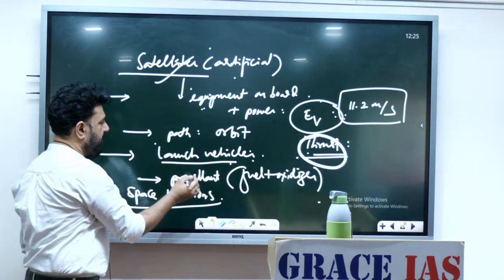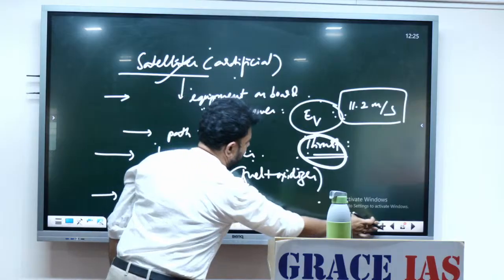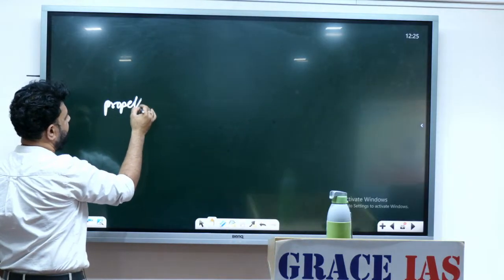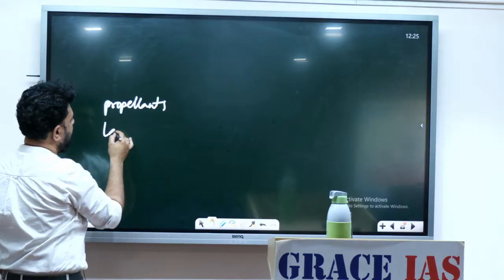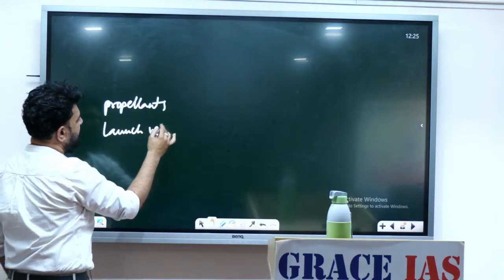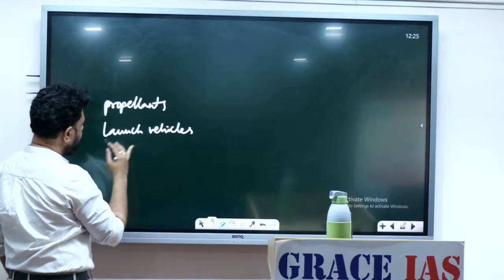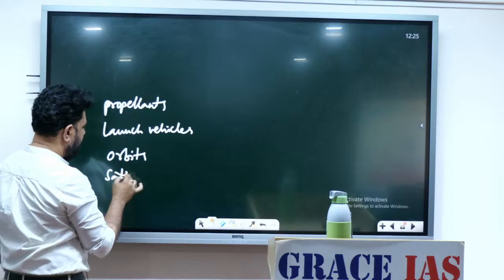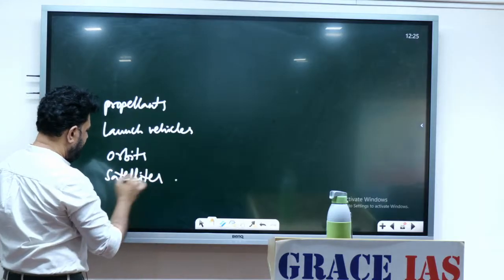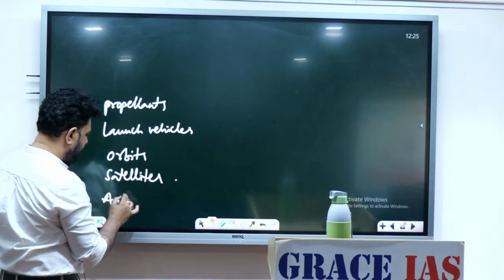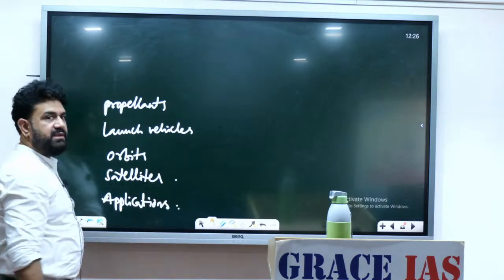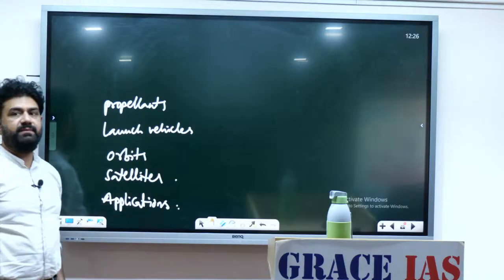Next we talk about what? Propellants and launch vehicles. In brief, we will talk about them. Then we have orbits, satellites, and applications. Yes, these are basic things.